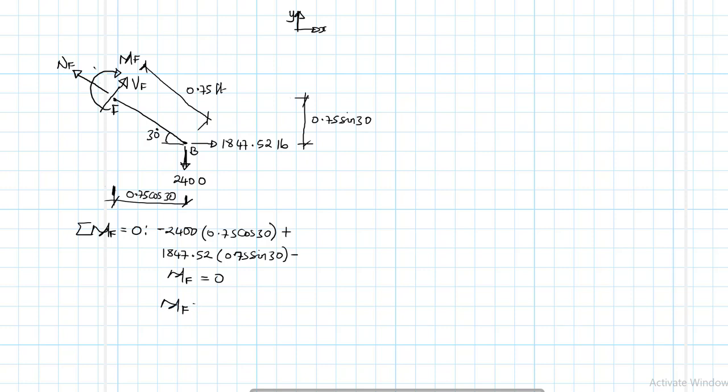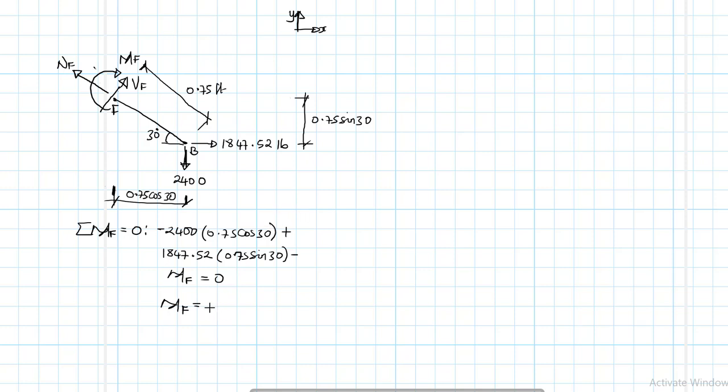Therefore, MF is going to be equal to minus 2,400 times 0.75 cos 30 plus 1847.52 times 0.75 sine 30.